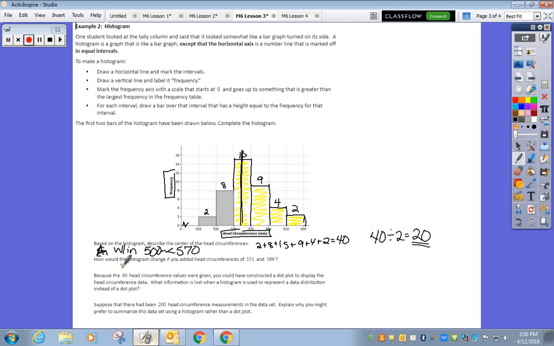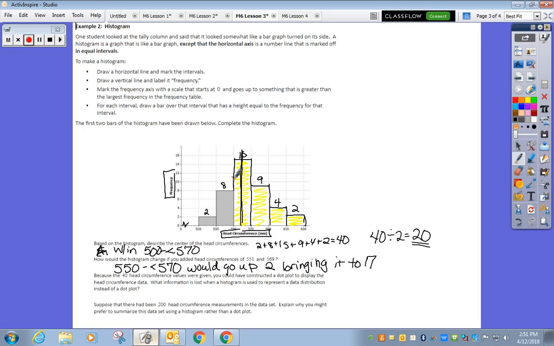Okay, so the 500 to less than 570 would go up 2, bringing it to 17. Okay, so this is just going from 15, add 2 more pieces of data to bring it up to 17.